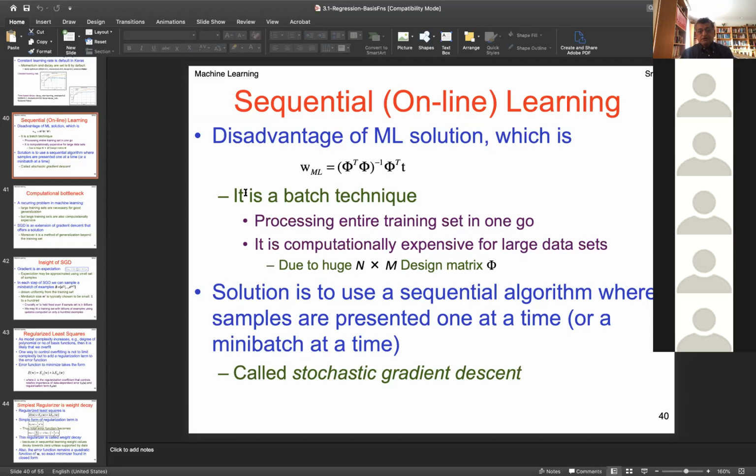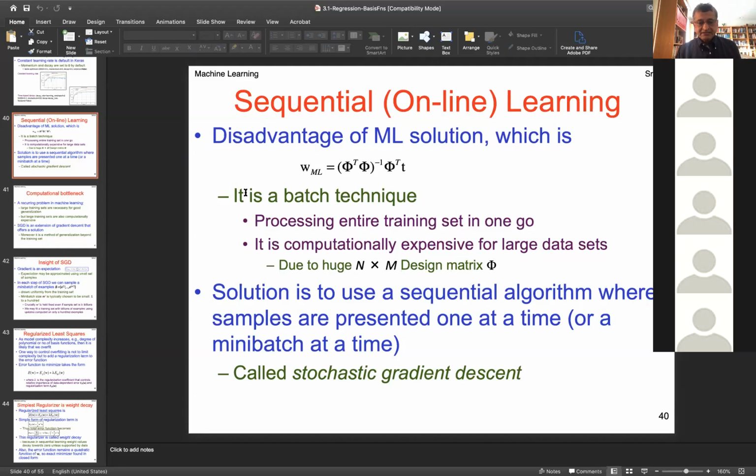We've come to the point where the ML here doesn't stand for machine learning, it stands for maximum likelihood. It's interesting that two of the most common abbreviations in this topic are ML for machine learning and ML for maximum likelihood. Here we are using the maximum likelihood solution.